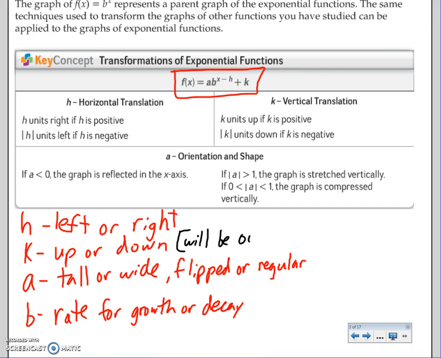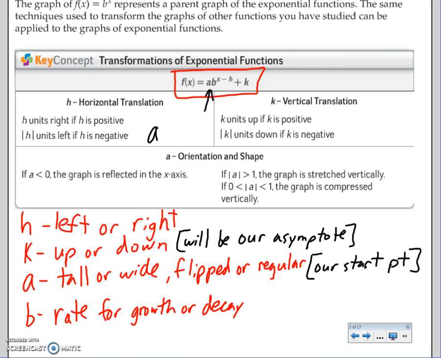And A will always be our start point. Now B is the thing that has the exponent of x. A doesn't have the exponent of x. Sometimes they actually write A times b to the x power if there's no h or k. So a is separate.